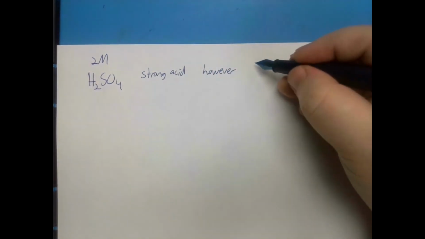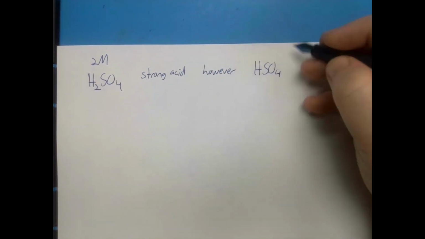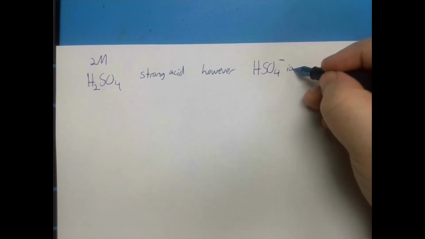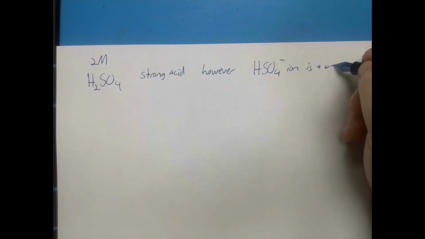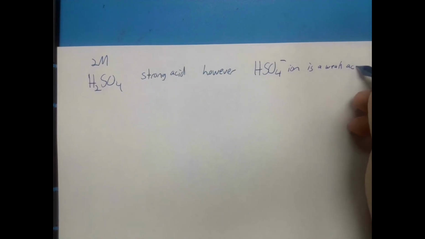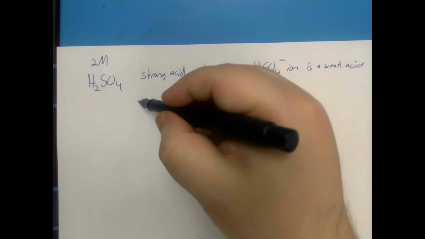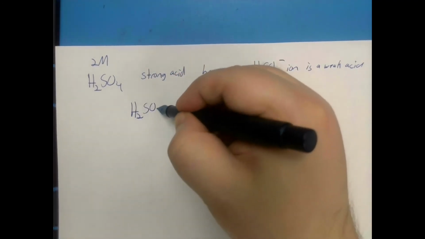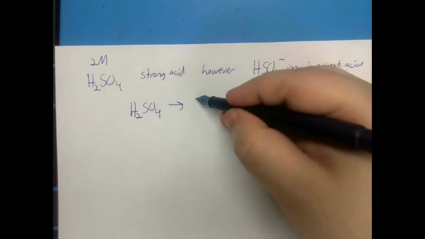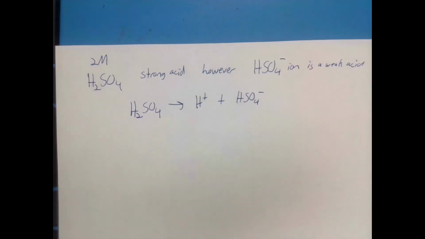However, HSO4 negative ion is a weak acid. So H2SO4 will 100% turn into H plus and HSO4 negative ions.